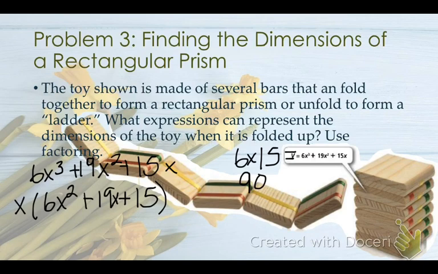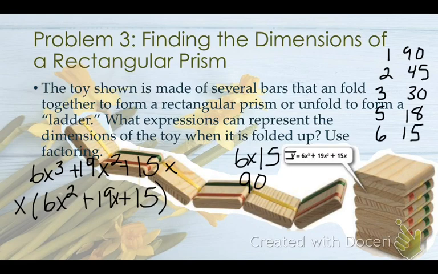So I can think through the factors 1 and 90, 2 and 45, none of these are going to add up to 19. 3 and 30, still not going to add up to 19. 5 and 18, I'm getting a little bit closer here. 6 and 15 are factors of 90, but still not adding up to 19. And then I've got 9 and 10, which do add up to 19. So I've got my x here out front. I've got 6x squared plus 10x plus 9x plus 15.